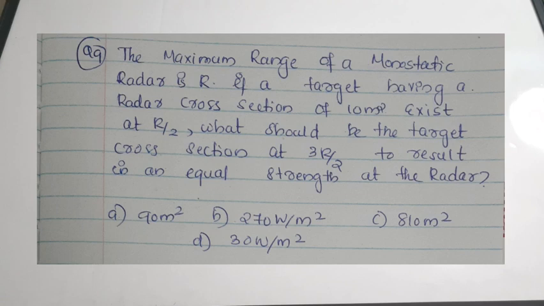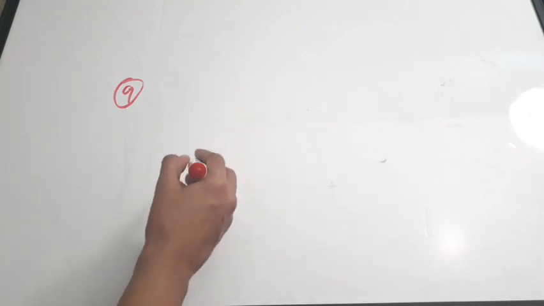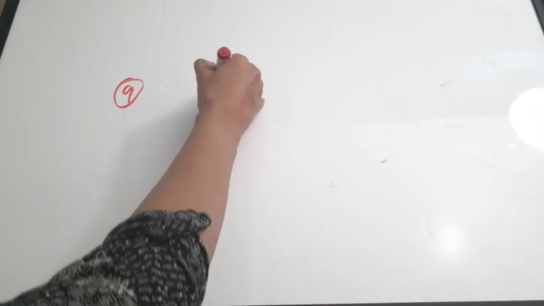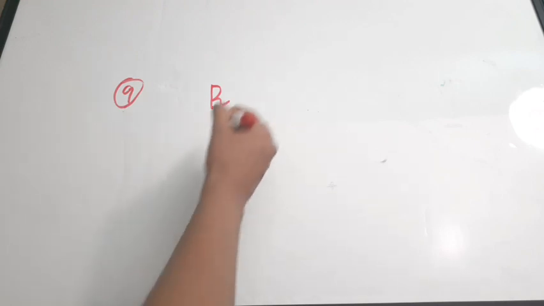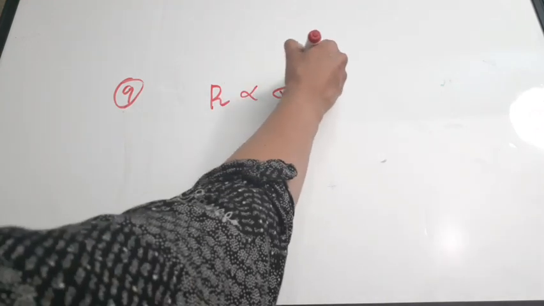Okay, so this question is connecting to range and radar cross section of target. So we have to write the relation between the radar range and cross section of target. So R is proportional to sigma raised to 1 by 4.